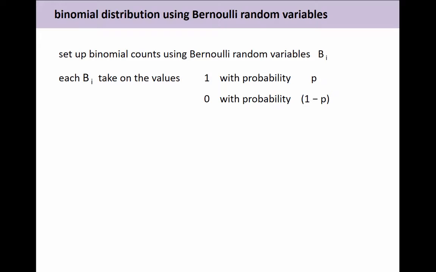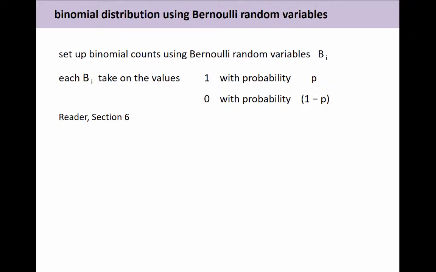So we're going to set up random variables that I'll denote by b sub i in honor of the Bernoullis. These are discrete random variables. Each b sub i takes on the value of 1 with probability p and the value of 0 with probability 1 minus p.